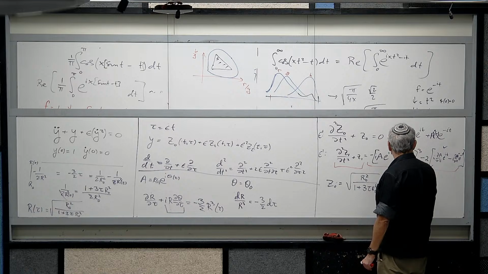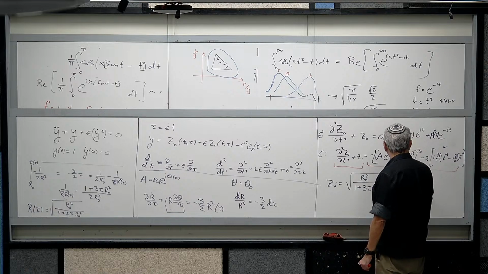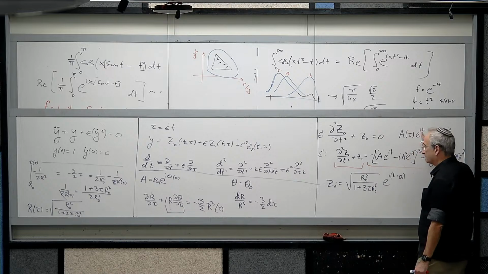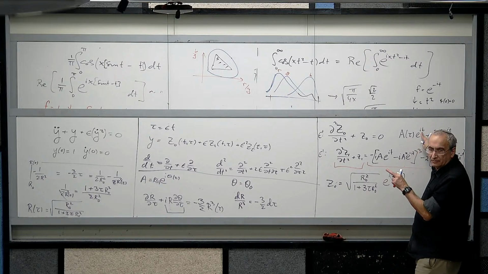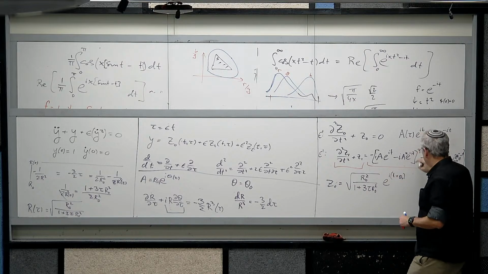Tau plus t? No, that's t. This is t. Yes, because theta naught is independent of tau. It's just a number. Right?